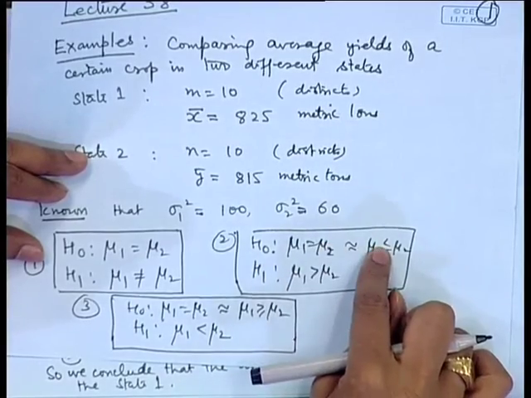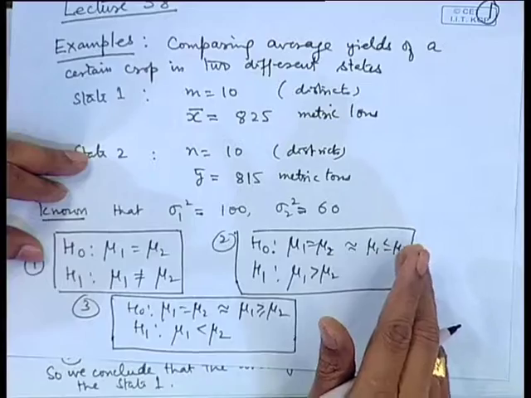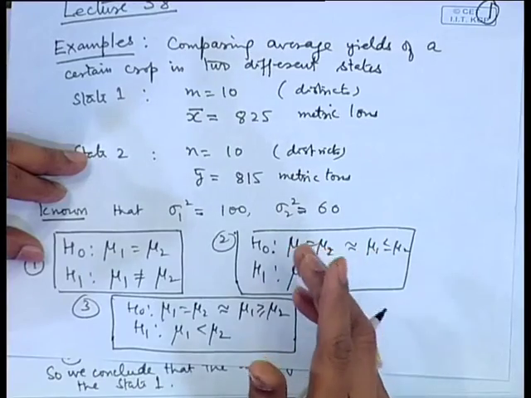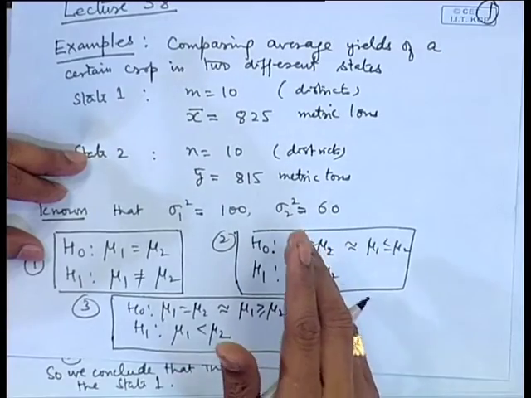That means we are rejecting H naught, and this is a strong conclusion, and therefore we can say that it is significantly true. That means the average yield in state 1 is significantly higher than in state 2.